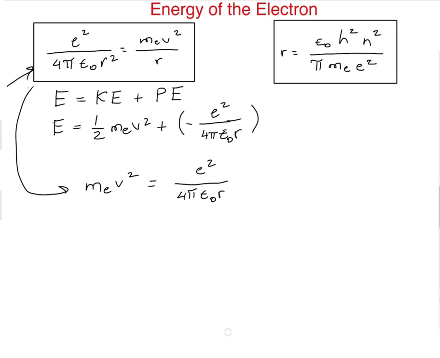Now we divide both sides by 2, and we get 1/2 m_e v squared is equal to 1/2 times e squared over 4 pi epsilon r.